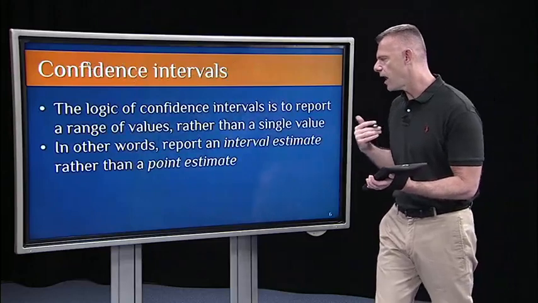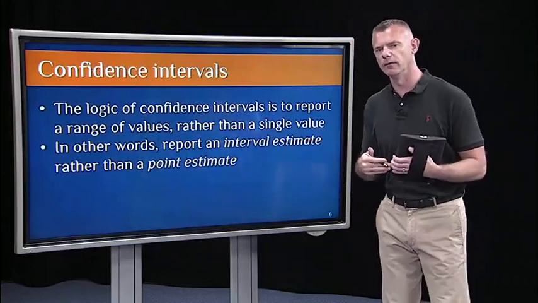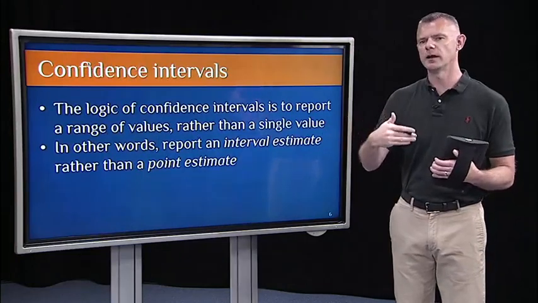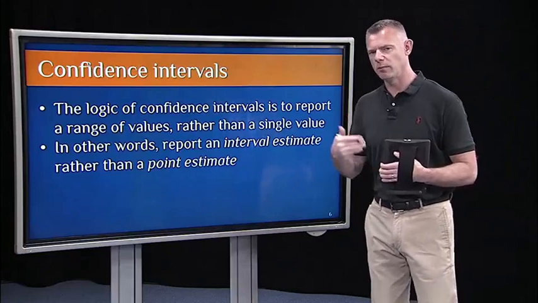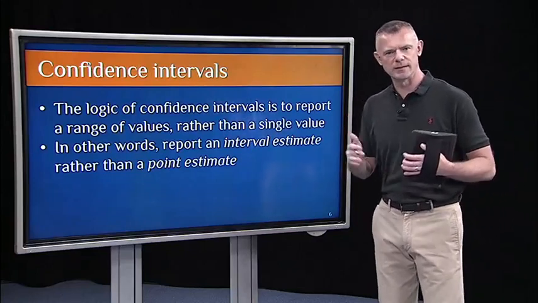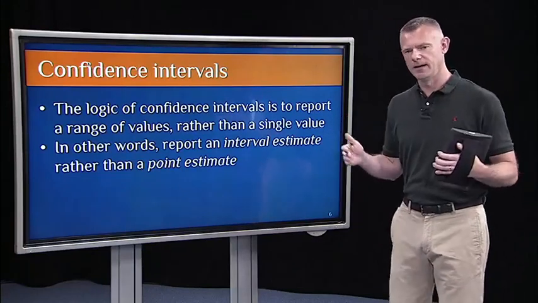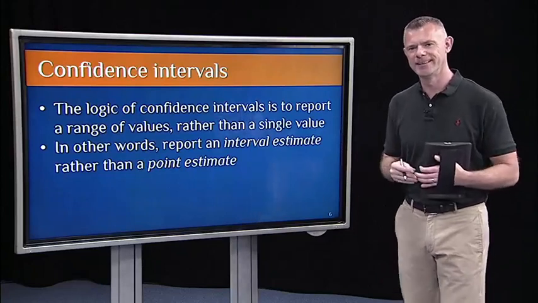So the logic of confidence intervals, which statisticians really approve of, a statistician would recommend always report your confidence intervals. Those of us who are more applied, we tend not to do it, and you'll see one of the reasons why is they're so wide. One author called them embarrassingly large.